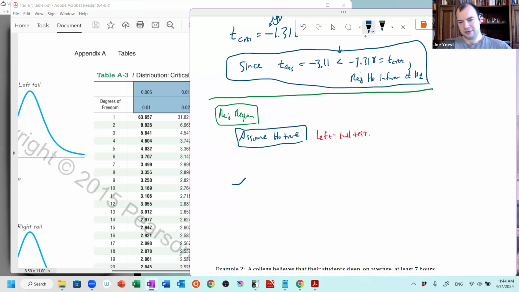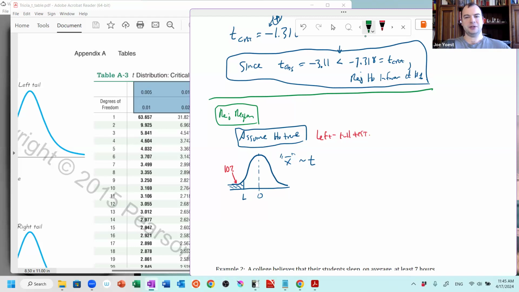And I know that I have, I'll put kind of in quotes, X bar is distributed like a T distribution. It's really X bar once we standardize, once we subtract off the mean and divide by the standard deviation. And so I'm looking for this lower bound, this bound for the left tail. That's the cutoff where I have exactly 10% area in that left tail. This is where my p-value is right at 10%.